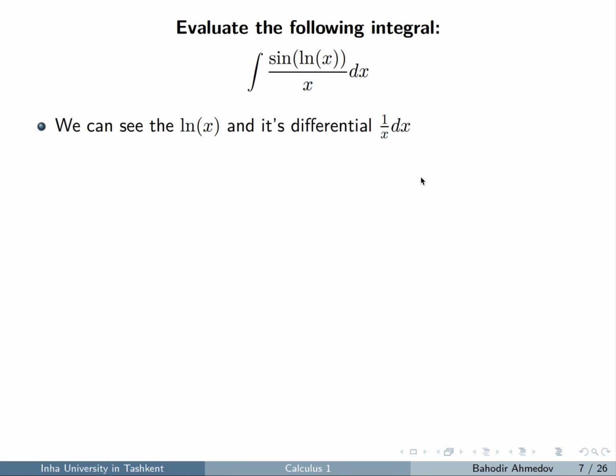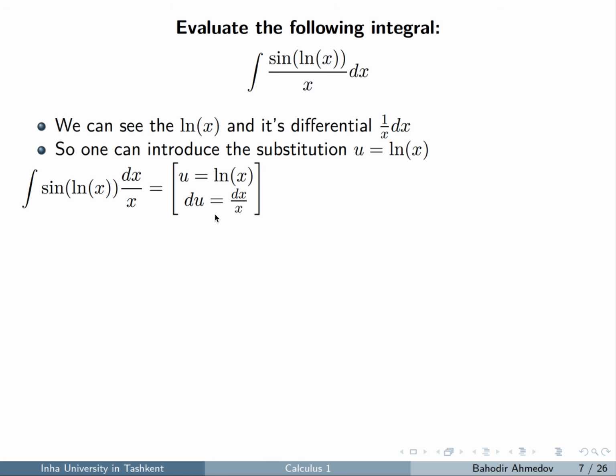Another example is when we need to integrate sine of ln of x divided by x, right? From here I see that there is some function whose derivative is also here inside the integration. The derivative of ln is 1 over x, which is still here, right? So this would be the idea of the substitution. u is ln of x, and du is 1 over x multiplied by dx, or simply dx over x.